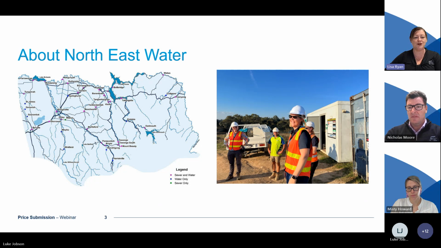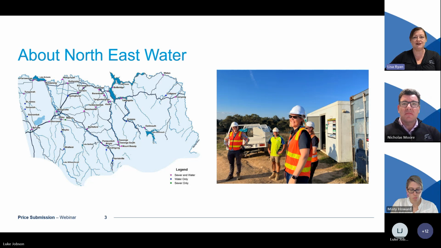We operate 21 water treatment plants and 22 wastewater treatment plants. Our extensive pipe network includes 1,300 kilometres of sewer mains and 1,800 kilometres of water mains. North East Water's assets are valued at $1.6 billion, and we are committed to investing in and maintaining our infrastructure to meet our current and future needs.